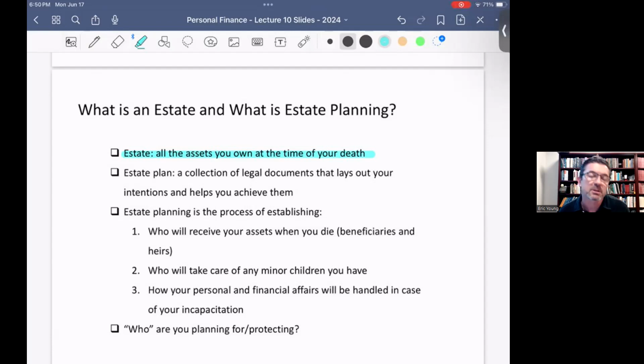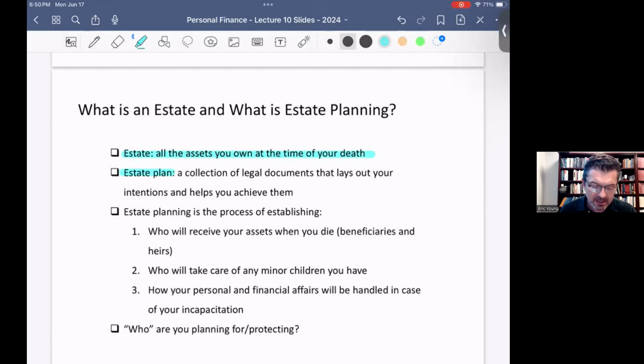We have to treat it with respect, but the reality is, one, we're all going to die. And two, hopefully, before we die, we've accumulated assets to help us fulfill our goals and live our dreams. So the term estate refers to all of the assets that you own at the time of your death. And from that, we get an estate plan.